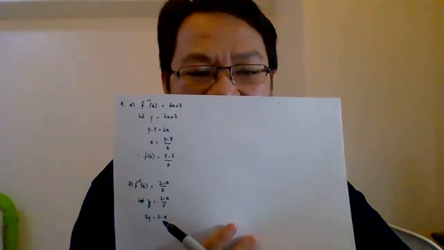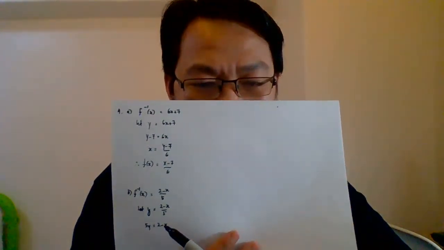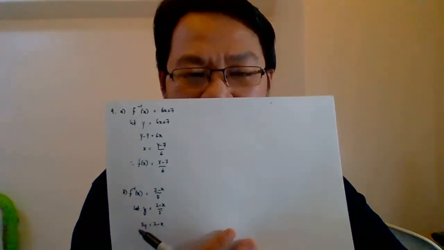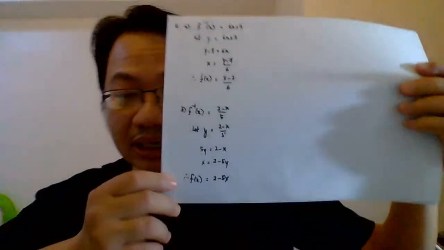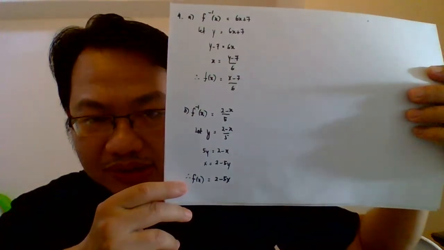Since our x here is negative, this negative x move to the left side, and this number move to the right side. So it will become x equals to 2 tolak 5y. Therefore, the fx equals to 2 tolak 5x. Okay, so kita dapat our second.